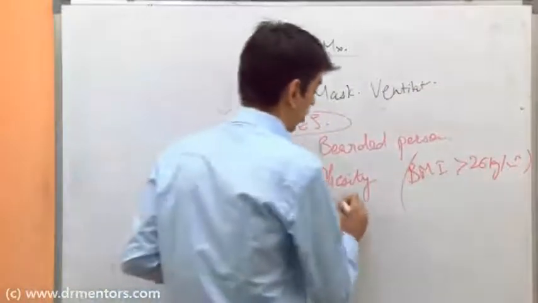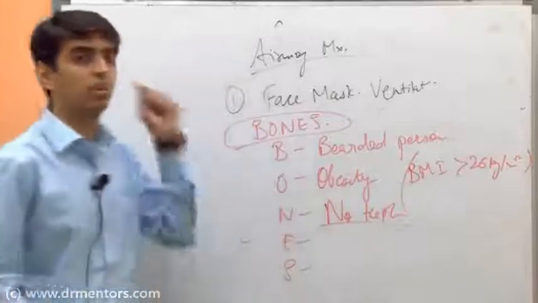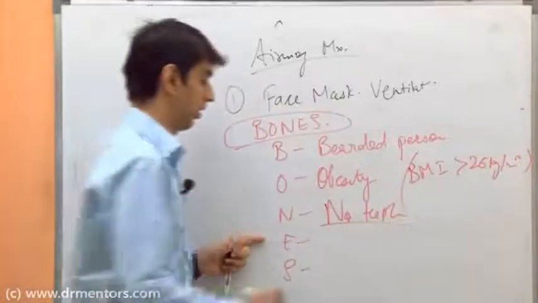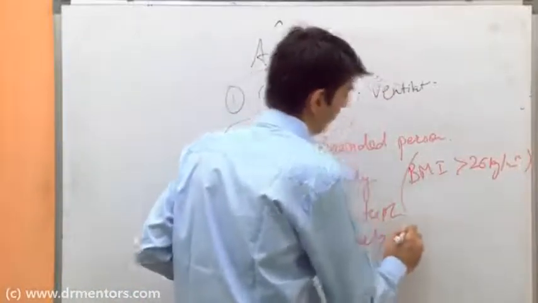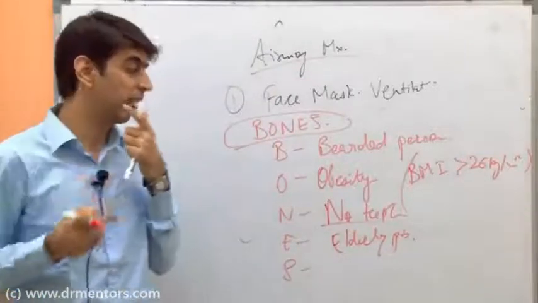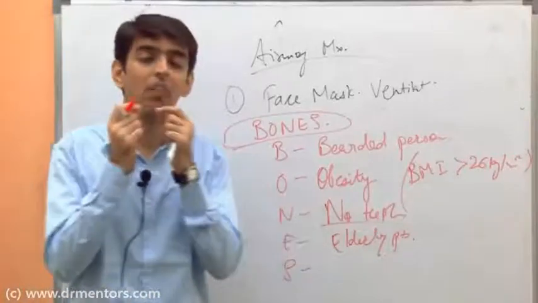N stands for no teeth. An edentulous patient is always going to be a difficult patient for face mask ventilation. Elderly patients are generally cachexic. They have indrawing of cheeks, so that there is a lot of leak, and they are edentulous with malformations of teeth.